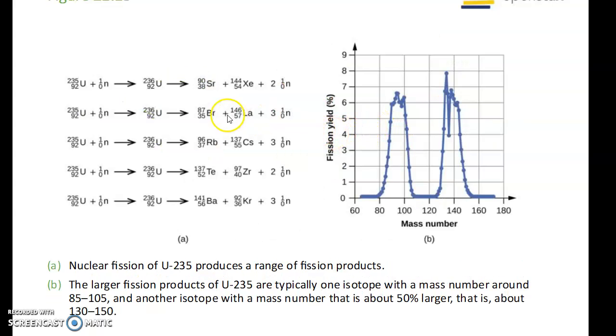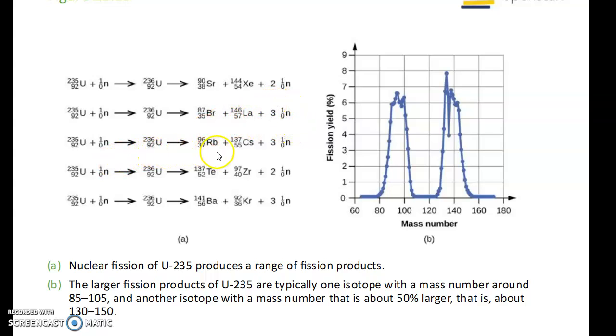So the nuclear fission of U-235 produces a range of fission products. Okay, and it shows that it can go to U-236-92, which will form strontium and xenon plus 2 of these. It can form bromine and lanthanum plus 3.